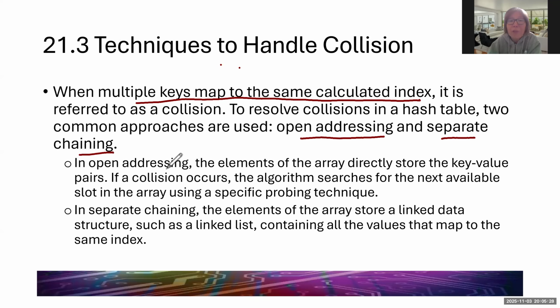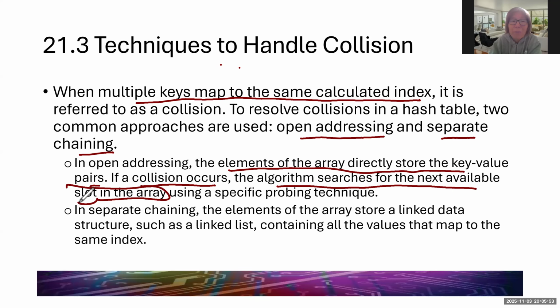In open addressing, the elements of the array directly store the key-value pairs, not like the one we explained in the previous slide. If a collision occurs, the algorithm will search for the next available slot in the array. We use a technique called probing.